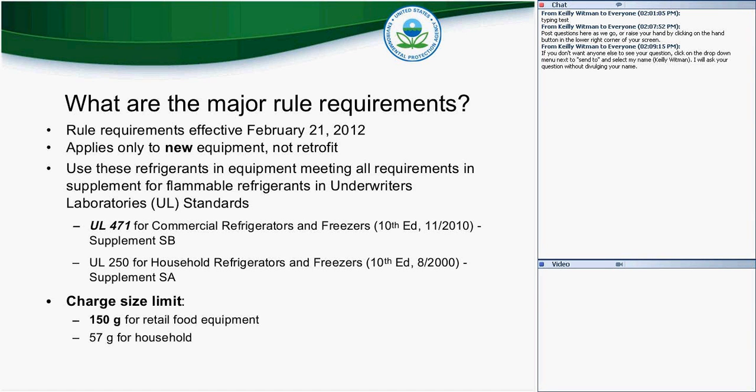All right. Has there been any pushback from states or local governments and/or unions such as fire departments that they will not approve the use of hydrocarbons in these types of equipment locally? Oh, that's a good question. I have not heard of any pushback.